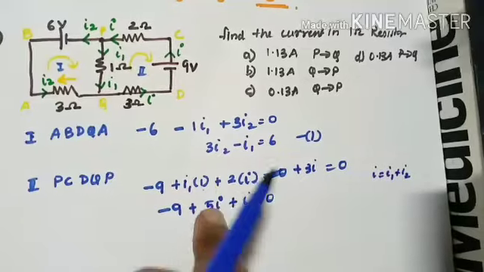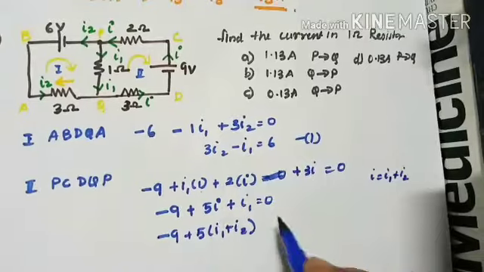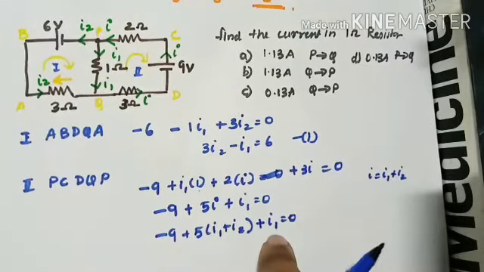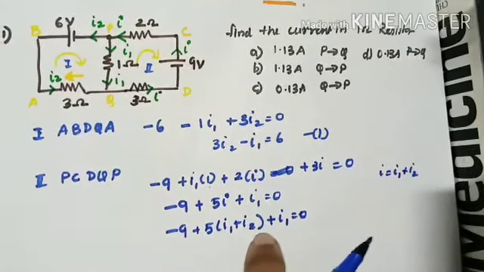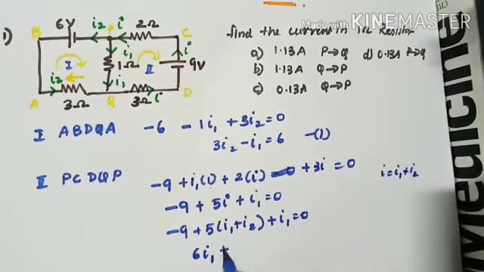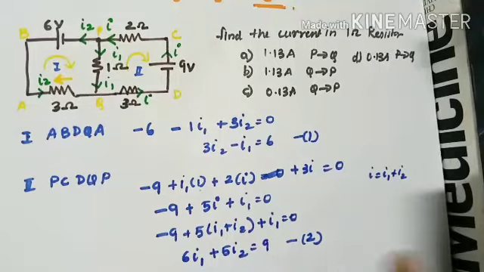So I'm going to replace this I with I1 plus I2, right, plus I1 is equal to 0. Now you have 2 terms with I1, so it will be 6I1, right? So I'm going to write 6I1, then there is 5I2 is equal to 9. I have the second equation.